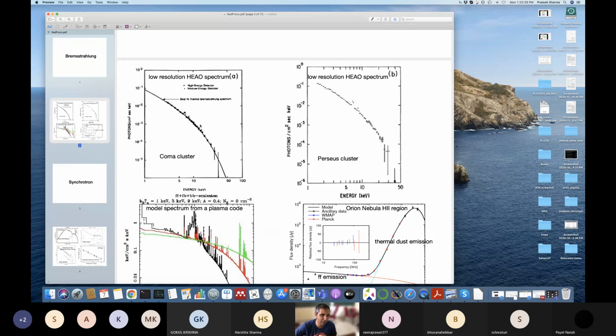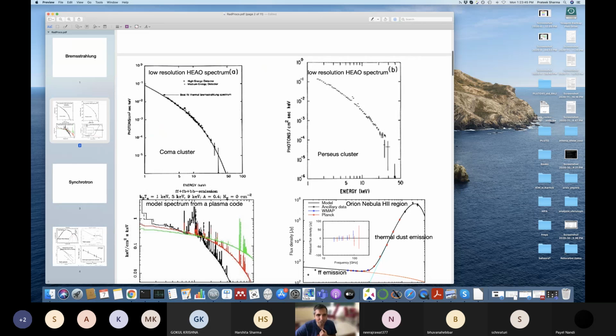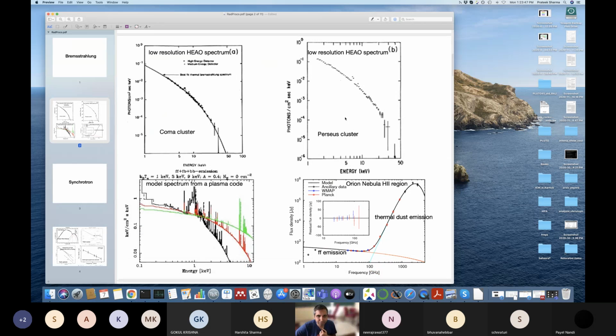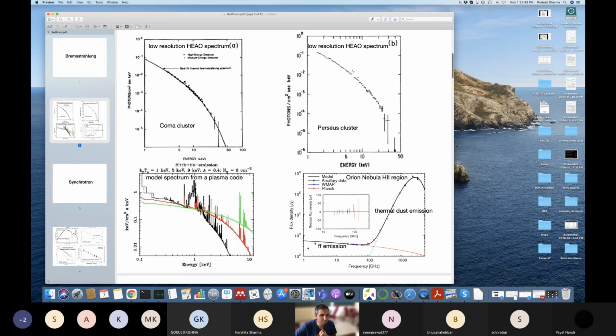This is about 5 to 10 keV, which I said is 10 to the 7 to 10 to the 8 Kelvin plasma. This is another cluster. But you see this power law should have been -1, but it is slightly steeper, and the reason is that the temperature is not constant. This is another cluster, the Perseus cluster.